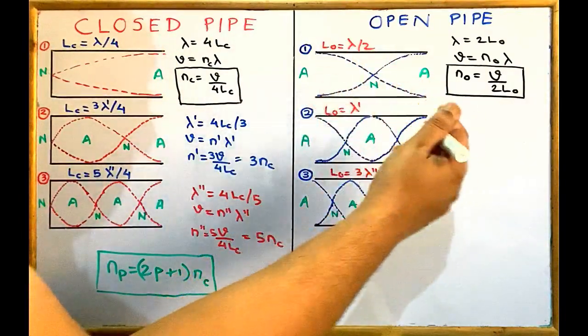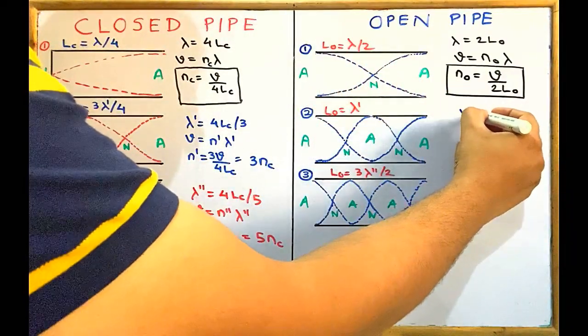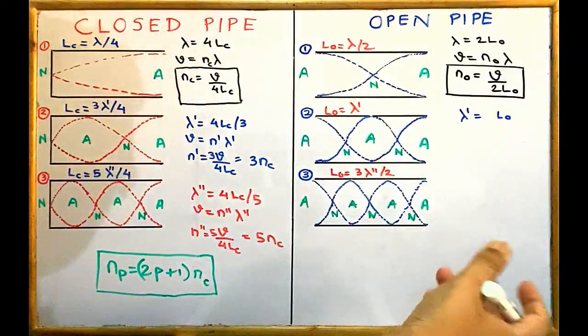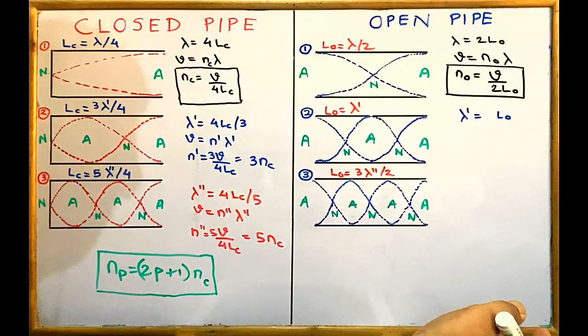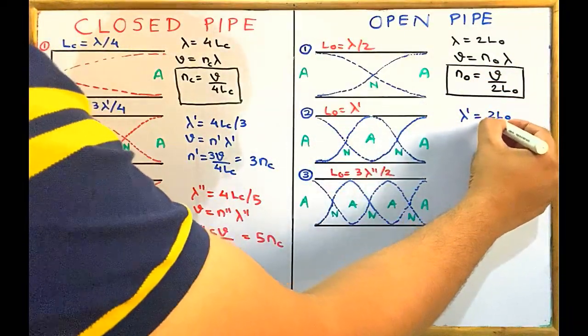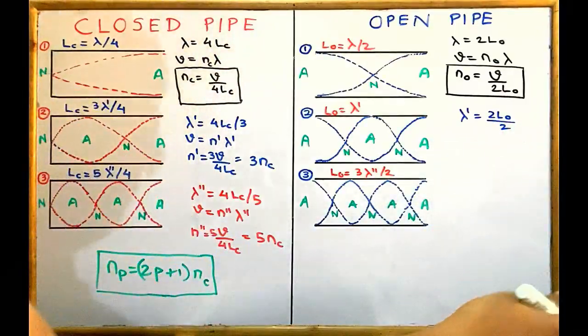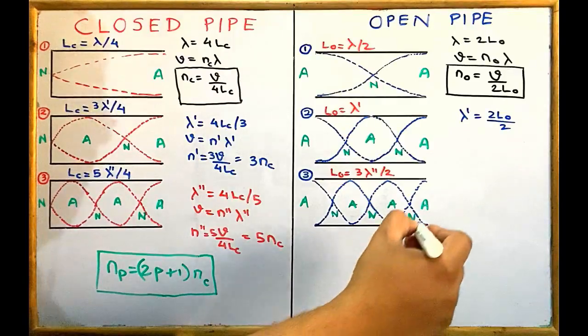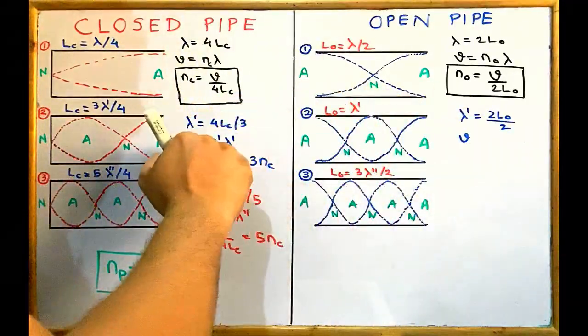So lambda dash is equal to LO, but what we could do here is, because we have 2 LO here, so how can I express it? I can just say 2 LO by 2 is nothing but LO, right? Lambda dash. So now again the same thing as what I did here.